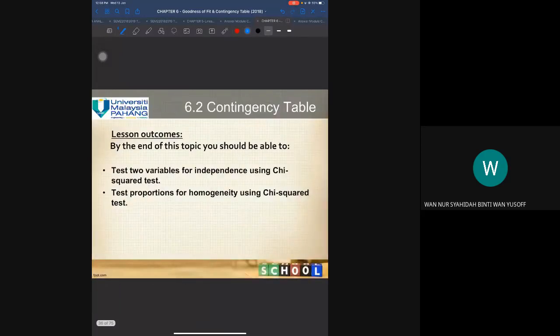Okay, so we go to the contingency table. Contingency table is about two categorical data. So how we arrange that data, it will be row category and also column category. That's why we call it a contingency table, because we have row variable and also column variable.